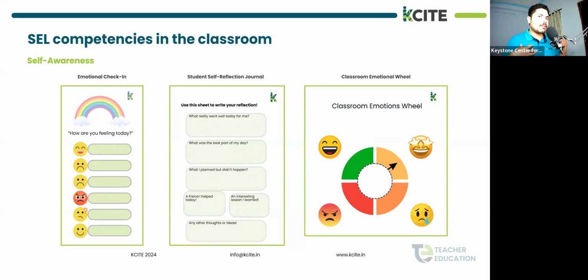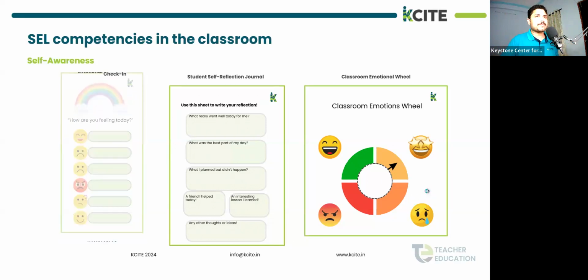Let's say I'm coming into grade 2 or class 2. The moment I step in, I see the emotion wheel and I understand what the common emotion of this particular class is. Are they happy, are they sad? Are they angry with something?